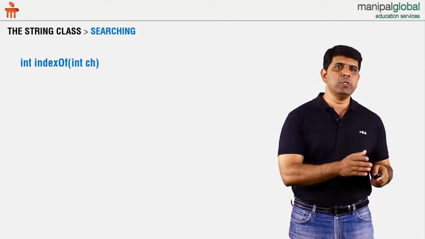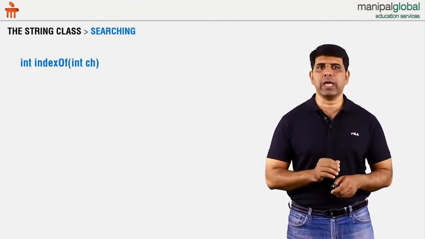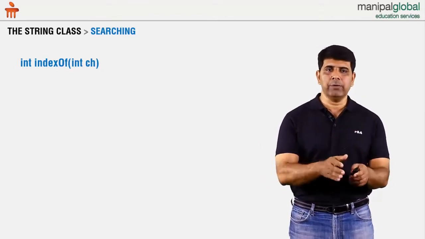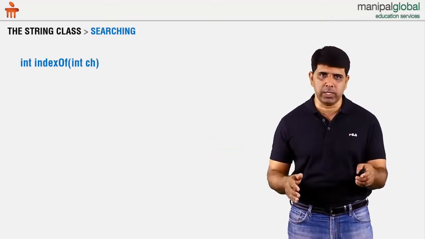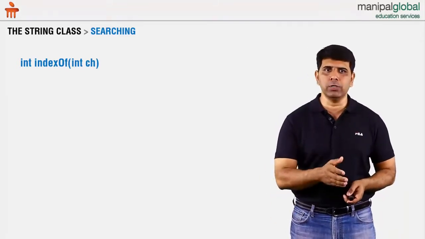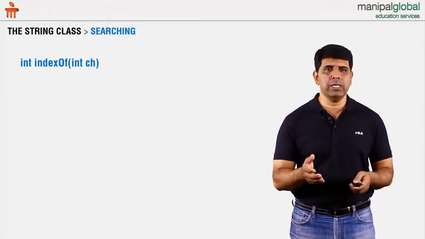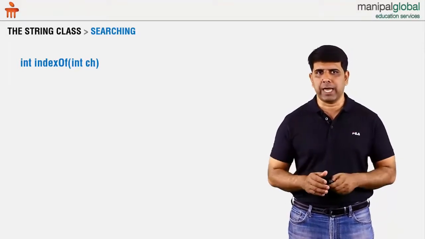Now the return value is basically the index of a character if it is found. Now what if the character is not found? If it is found, its index can be anywhere from 0 to the length minus 1. So obviously to indicate that the search was a failure, it returns a negative value. Basically it returns minus 1, indicating that, hey, I couldn't find this character.